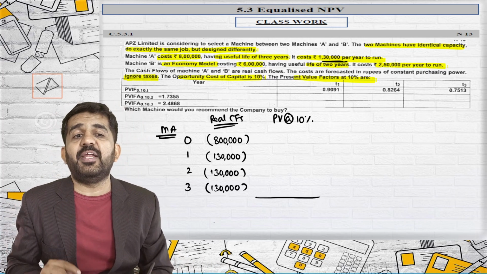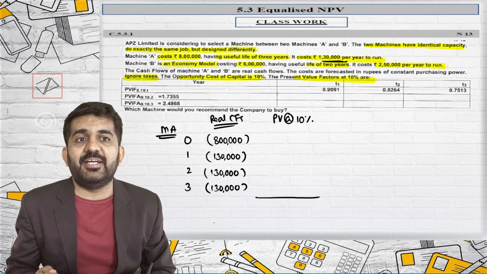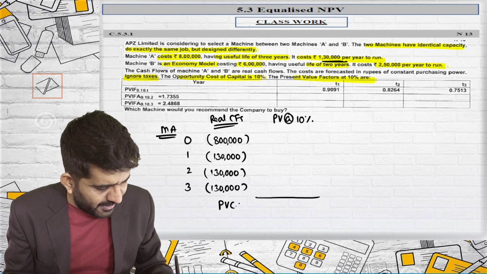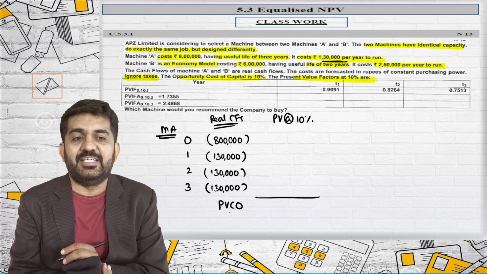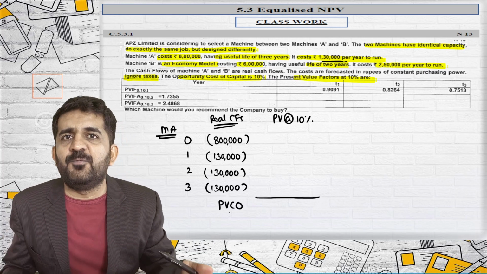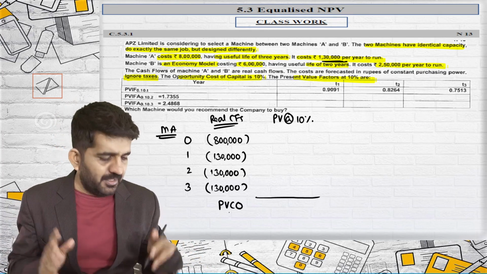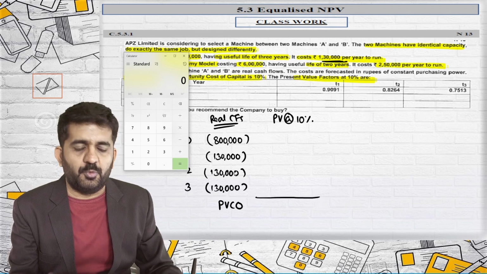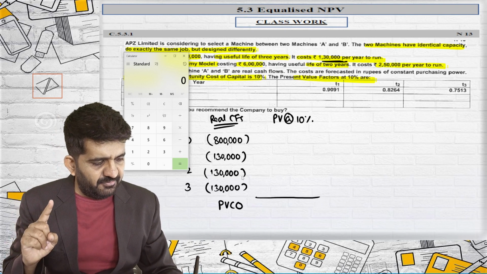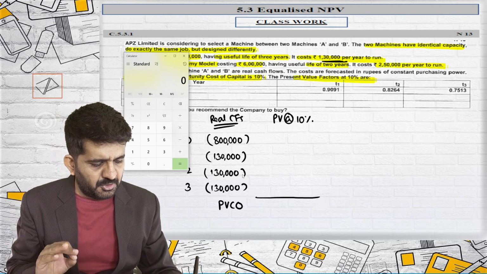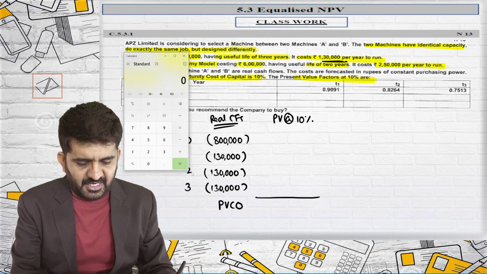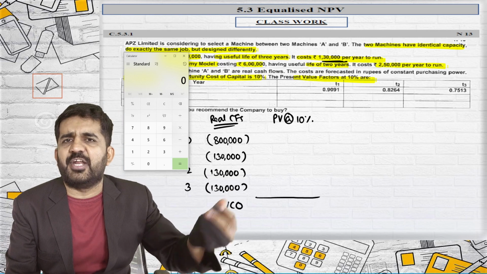Now, if I find out the present value at the rate of 10%, I will be getting the present value of cash outflow only, because there are no inflows. Everything is outflow, so I will be getting the present value of cash outflow. Very simple, 1,30,000, you can do it by GT. 1 divided by 1.10 is equal to, GT multiplied by 1,30,000, and then you can just add 8 lakhs rupees. I will just ignore the negative sign, right?